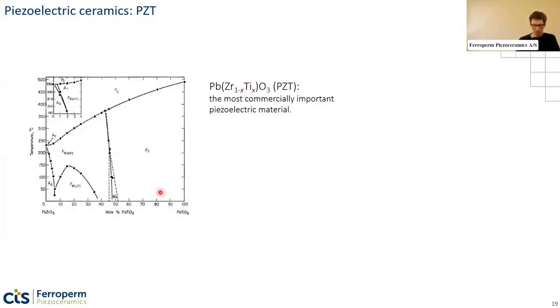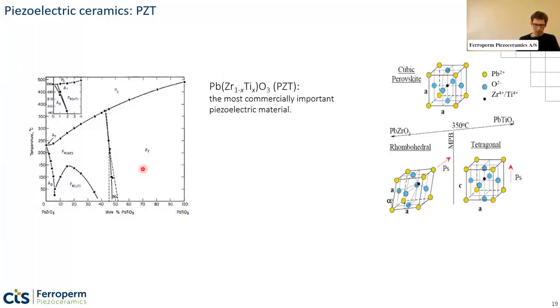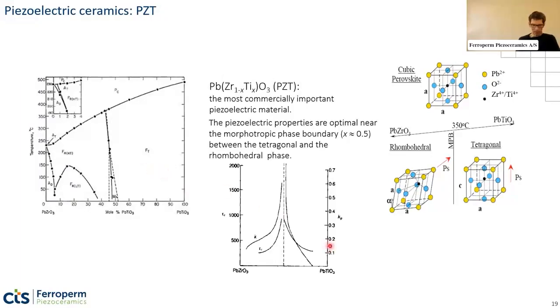And this can be shown in a phase diagram where you can see how close you are to only zirconium, or how close you are to only titanium on that so-called B side. It turns out for PCT that you get very good properties if you are very close to 50%.